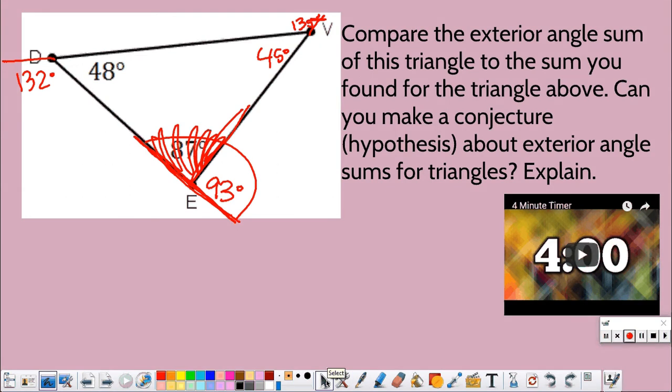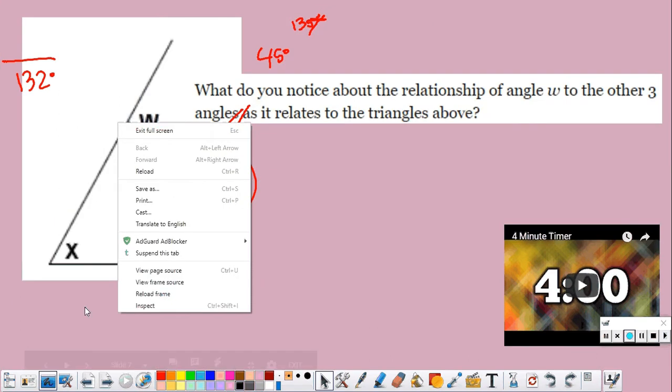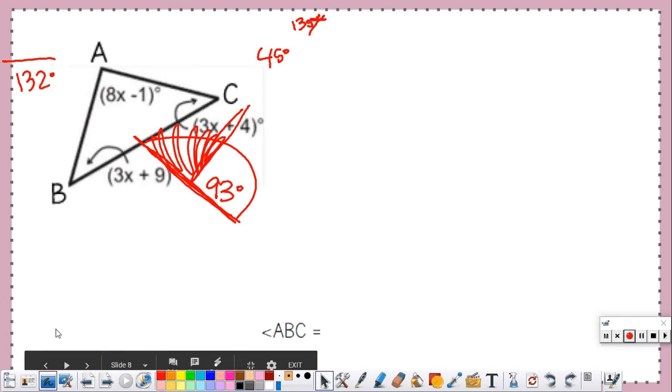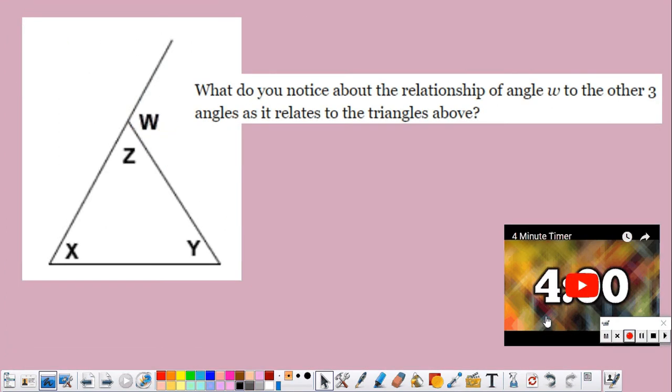All right, so now look at the last triangle. The last triangle looks like this. Okay, so we have how many known angles? None. All of them are variables. We've got x, y, z, and w. So here's what I want you to do.